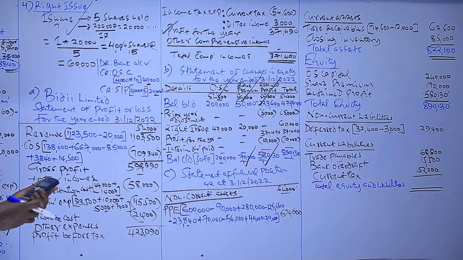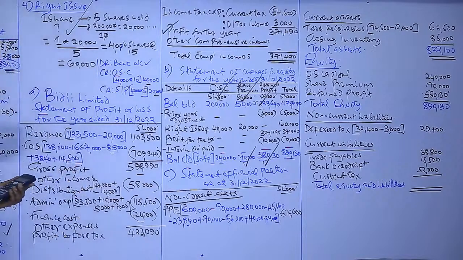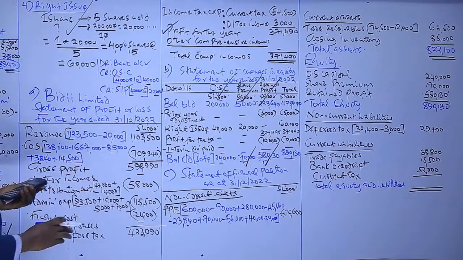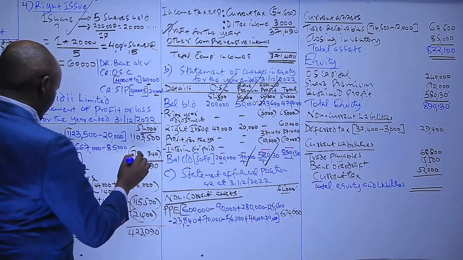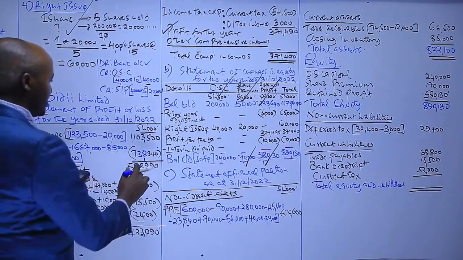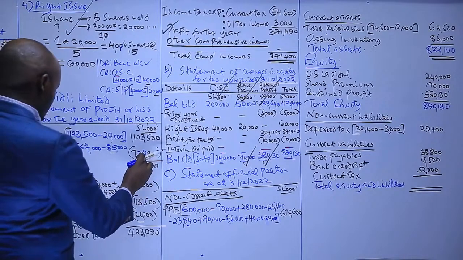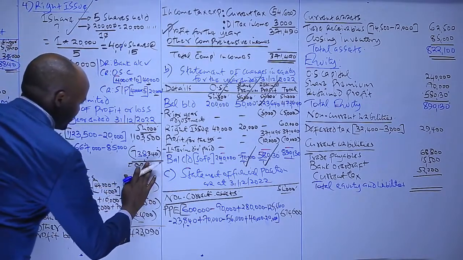So that will give us 738,340. So this figure, instead of adding what we did, we deducted, which was actually wrong. So the correct figure here should be 738,340. Then we get the correct figure for the gross profit here.